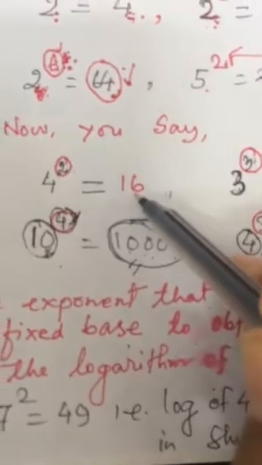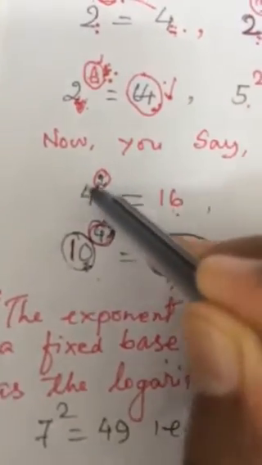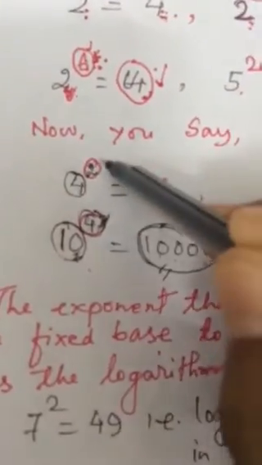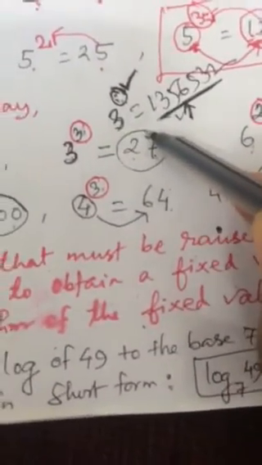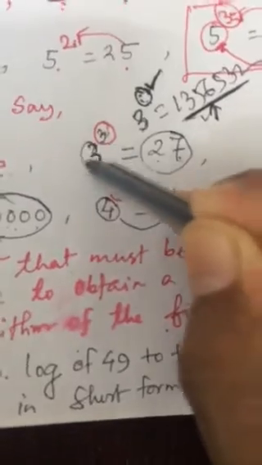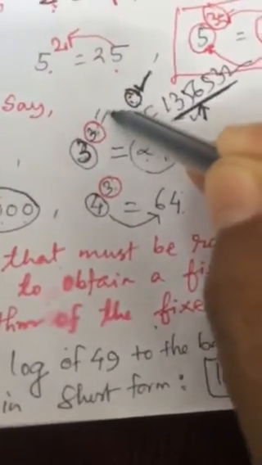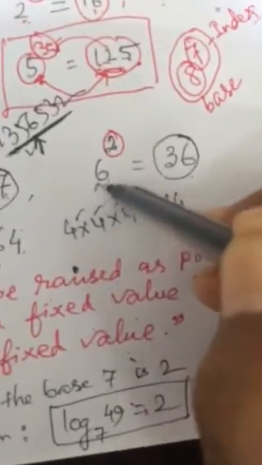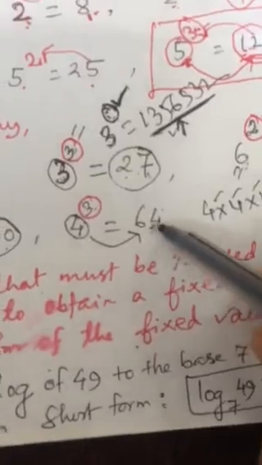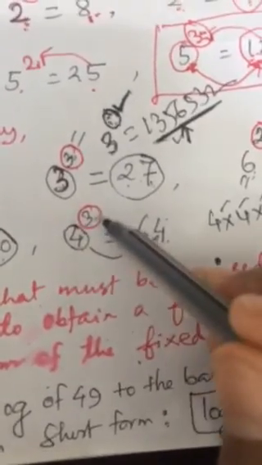Here log of 16 to the base 4 is 2. Here log of 27 to the base 3 is 3. Here log of 36 to the base 6 is 2. Here log of 64 to the base 4 is 3.